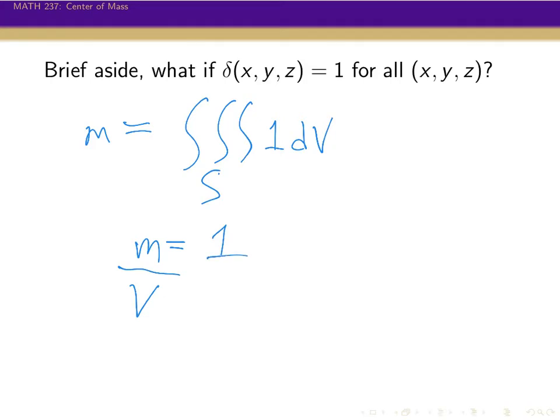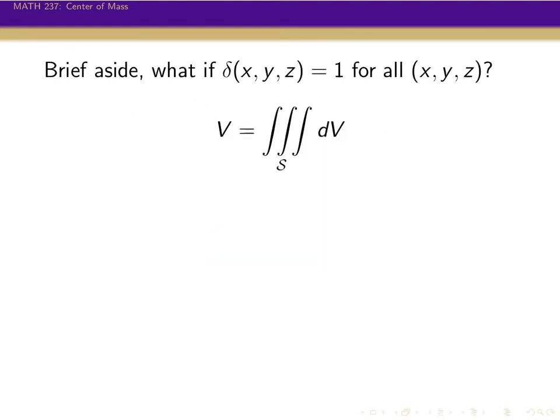And so if mass over volume is equal to 1, that essentially means mass and volume are numerically equal. And so if this is mass, then this is also volume. Okay. So this gives us a formula: if at any time we're just integrating dV over a solid S, that's giving us the volume of the solid.